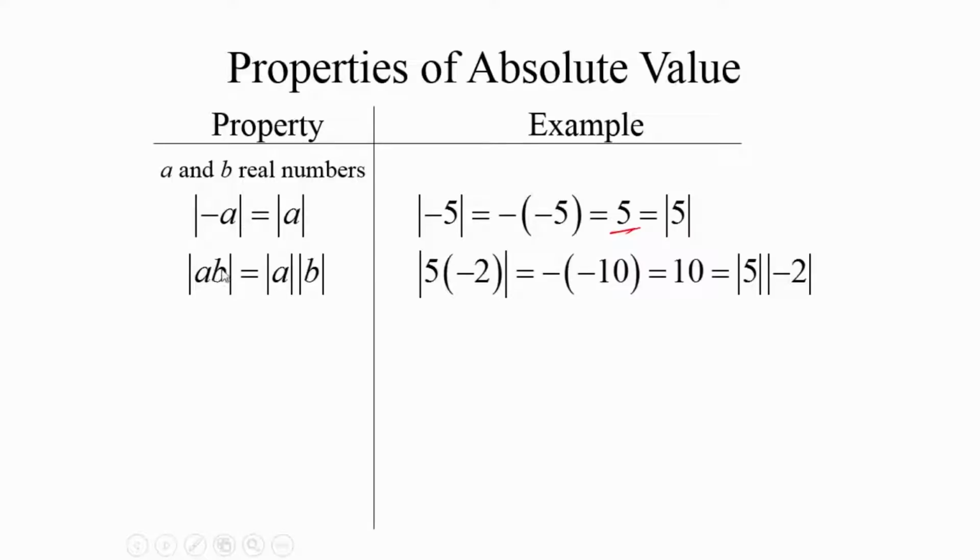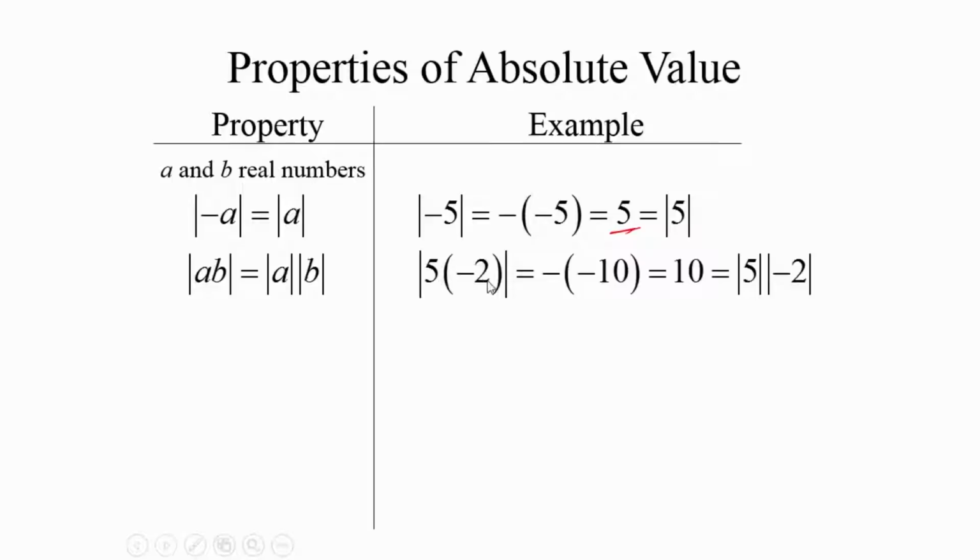Absolute value of a times b can be written as absolute value of a times absolute value of b. So in other words, you can separate them. The same thing you could have done with radical. So absolute value of 5 times minus 2 can be written as 5 times minus 2. And this is the way they do it.